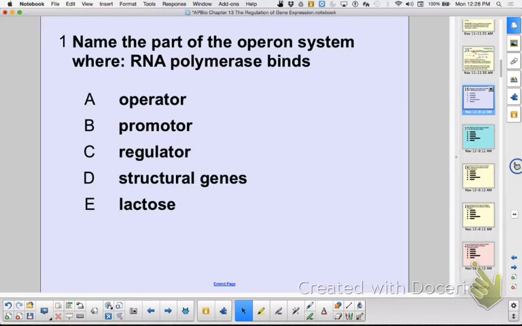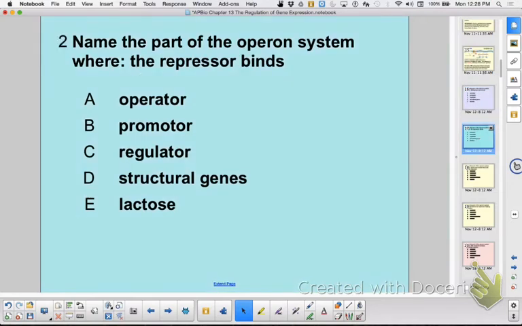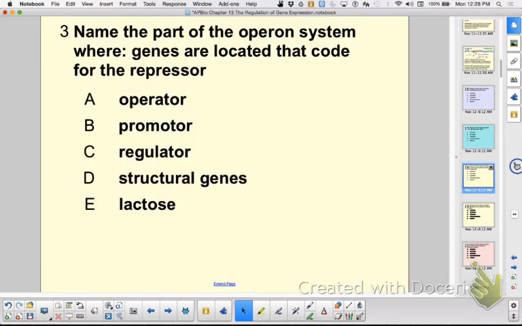Tell me the words you learned. What's the word? Promoter. Good. Just read. Tell. Perfect. Read. Tell. Regulator. Regulator codes for the repressor.